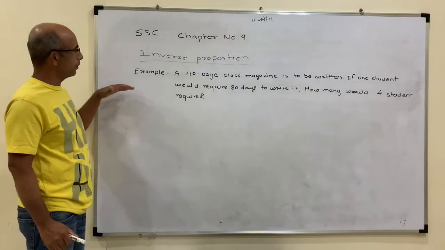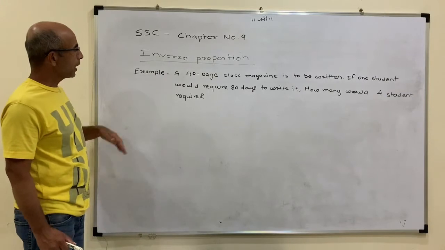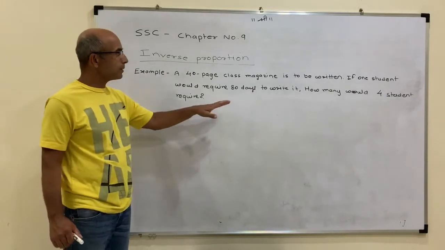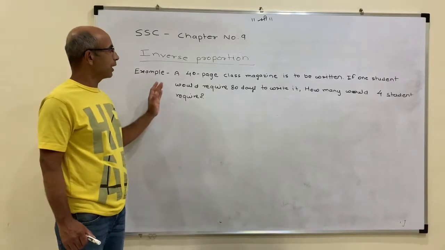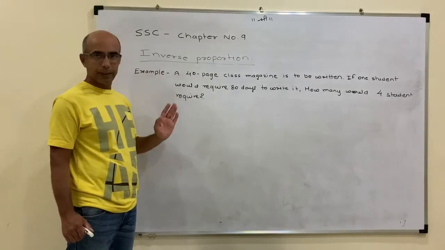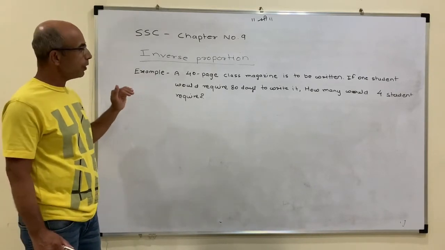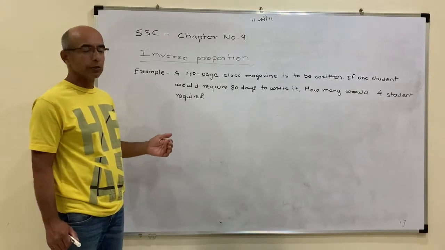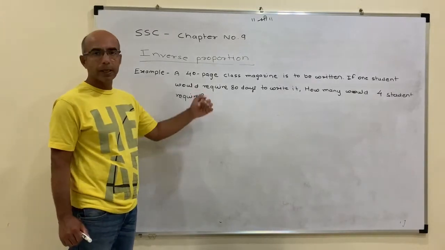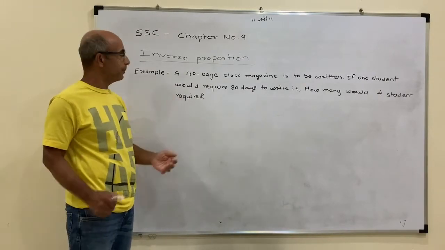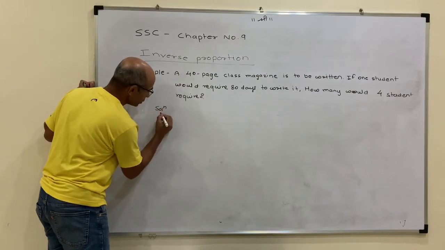Now the second example, which is again on page number 65. A 40-page class magazine is to be written. If one student would require 80 days to write it, how many days would 4 students require? So if 4 students do this job of writing the magazine, how much time will they take, or within how many days will they complete it? Let's start solving it.